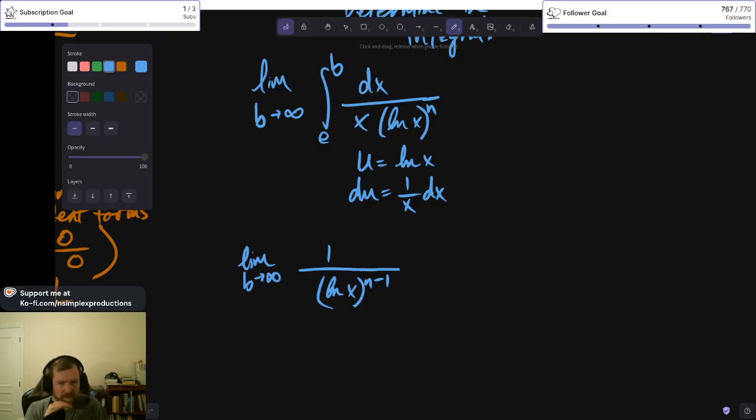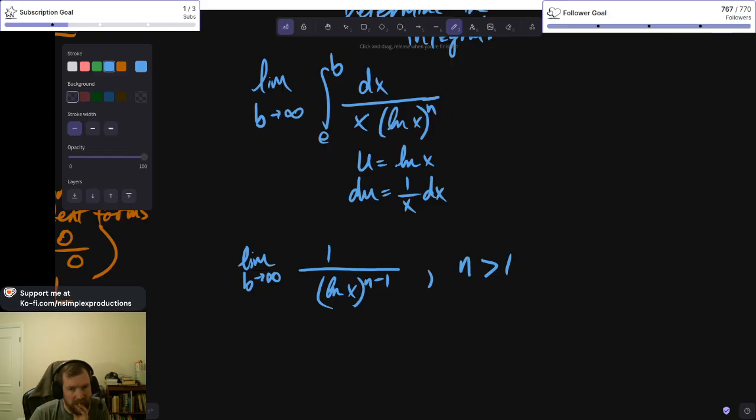But since we're on the bottom, we're going to be adding 1 to what's already a negative number. So it's going to be effectively 1 minus n. But here we can switch it down to the denominator and make it n minus 1. All right, so we do know that n needs to be greater than 1 for any of this to work in the first place.